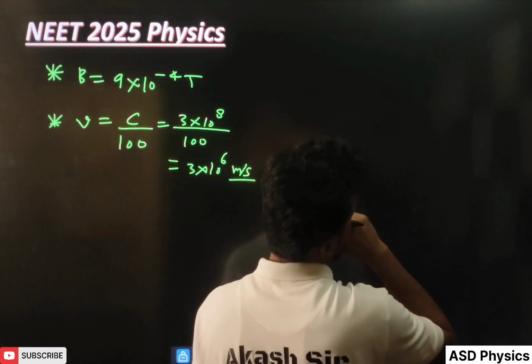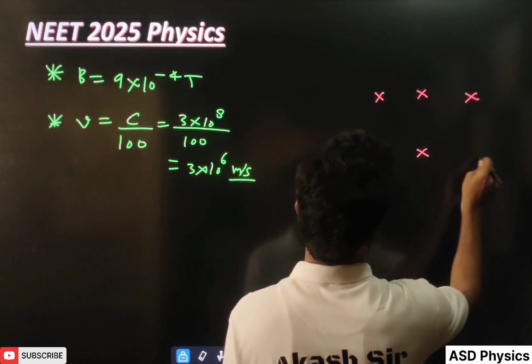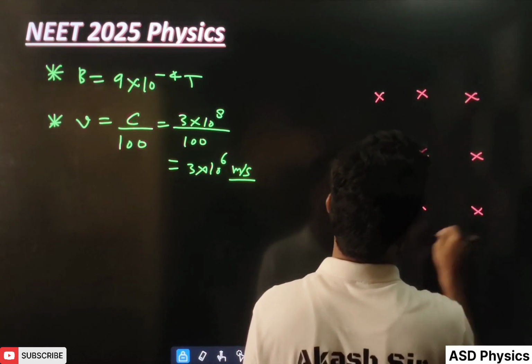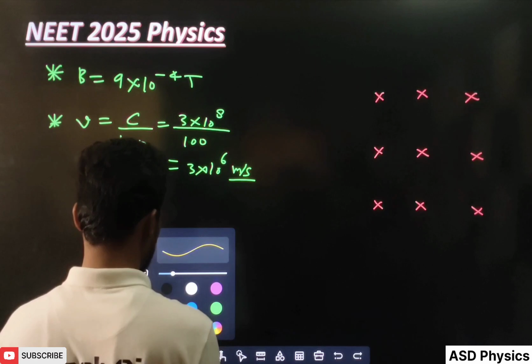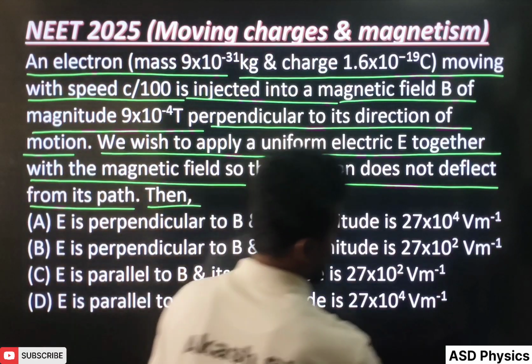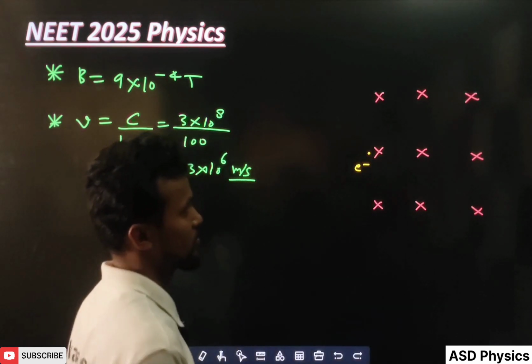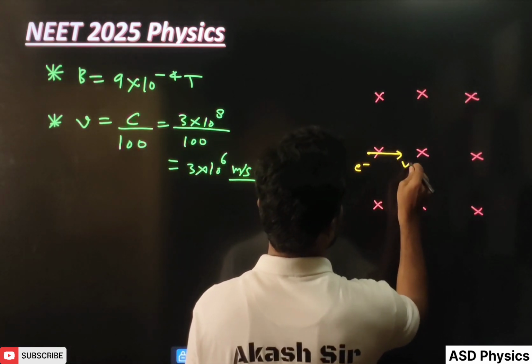Remember this kindly, students. Suppose this is a magnetic field, and an electron is entering here with velocity v, for example.